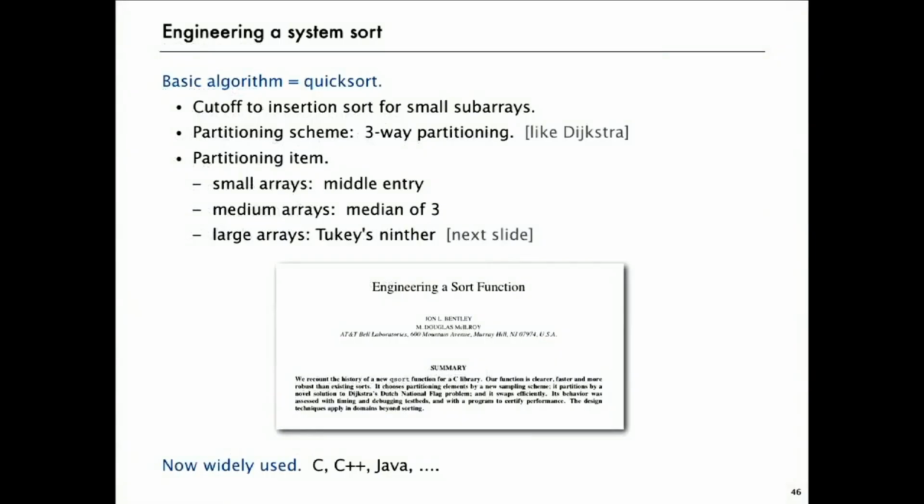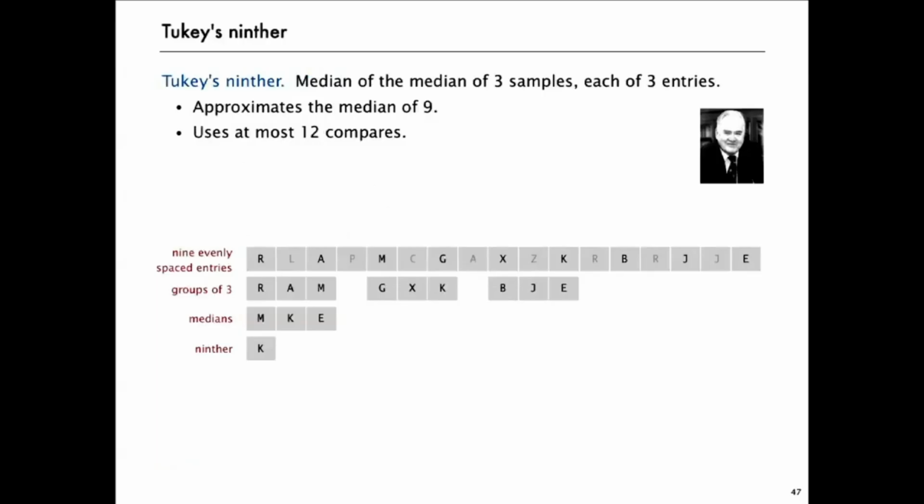Another thing they did was, rather than shuffling the array, they used what's called Tukey's ninther, a method for choosing a partitioning element. Tukey's a statistician, and he had this particular method for order statistics that has some interesting properties, and they used that for the partitioning element. This paper was very influential, and that basic method is widely used.